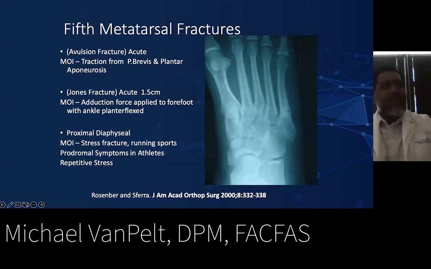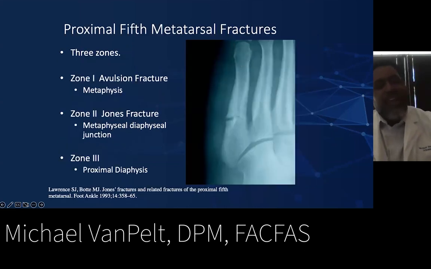So when you want to classify fractures of the proximal fifth metatarsal, typically we break them into zones. Those are 3 zones, with zone 1 being at the metaphysis. Typically here you see avulsion fractures.